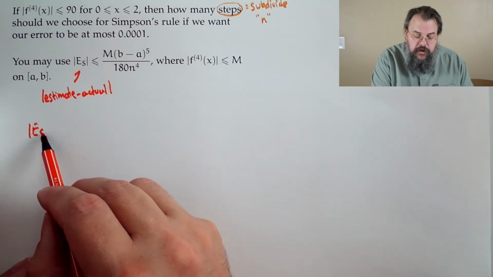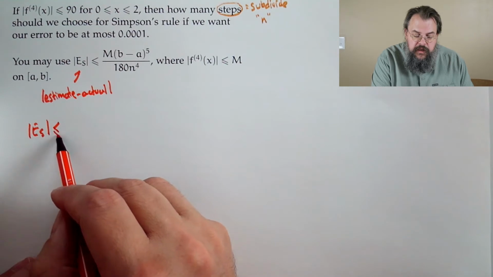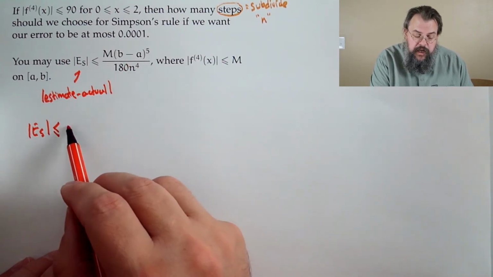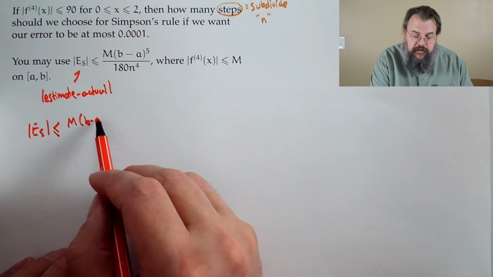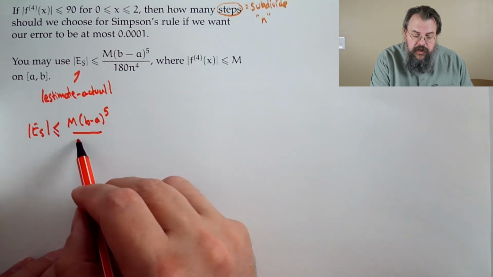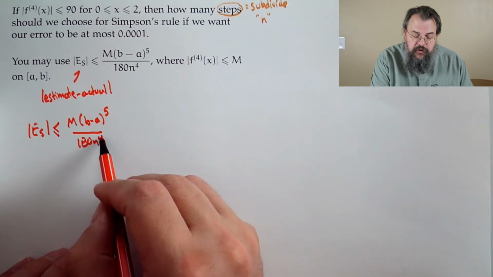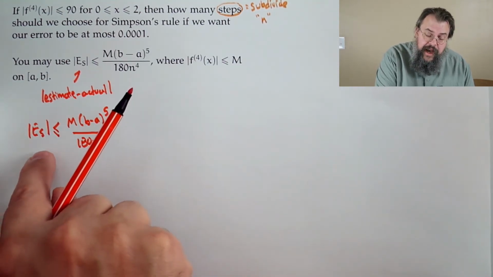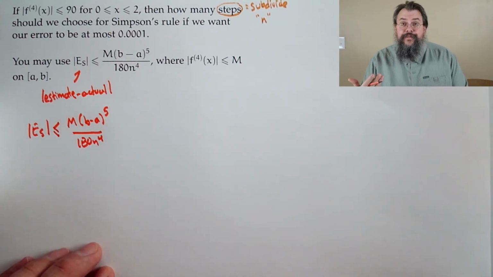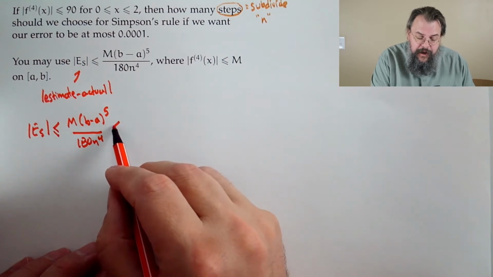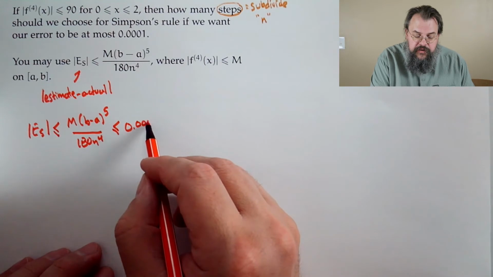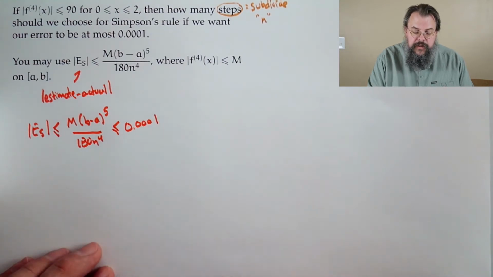Well, what we can do is we can say, look, we want that to be less than or equal to something. Well, we know already that's less than or equal to this quantity, M times (b minus a) to the fifth over 180 times n to the fourth. So if we can make this quantity small, then that quantity is also small, almost for free. So we can say, look, we'll just make sure that that's small. So that's less than 0.0001.